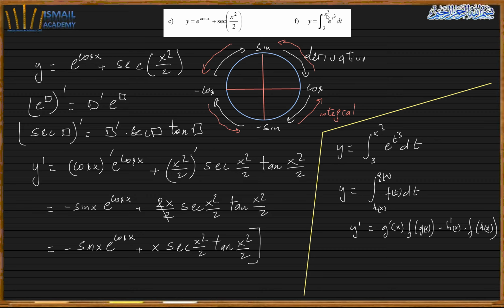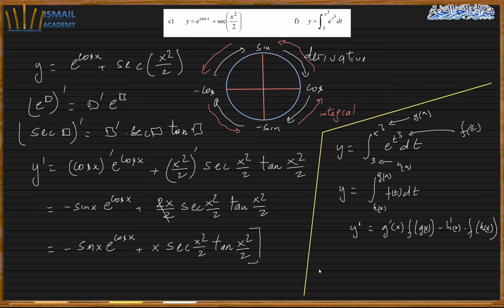Here my g of x is x cubed. Let me write it down here so you will understand. This is my g of x, this is my h of x, and this is my f of t.